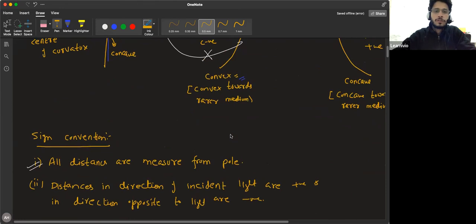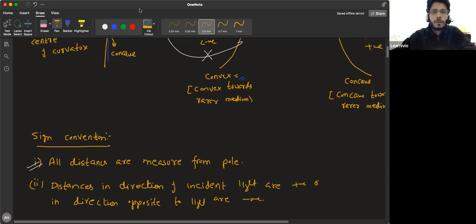Note down sign conventions now. Miraj, how will you decide whether a spherical surface is convex or concave?